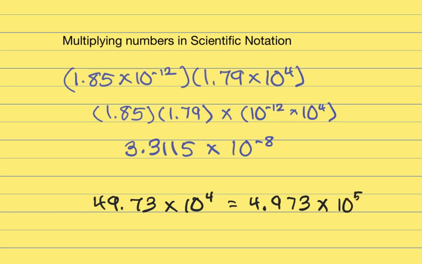Why? Because when this number went from 49 to 4.9, it got smaller by a power of 10, so our exponent had to get bigger by a power of 10. If we had moved our decimal 2 places and made it 2 places smaller, we would make the exponent 2 larger. All right, so we've done multiplying with scientific notation.